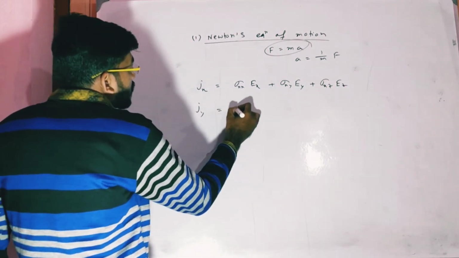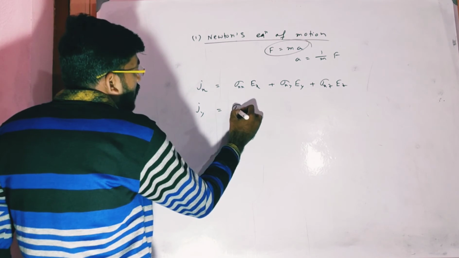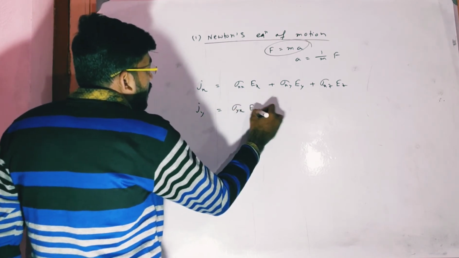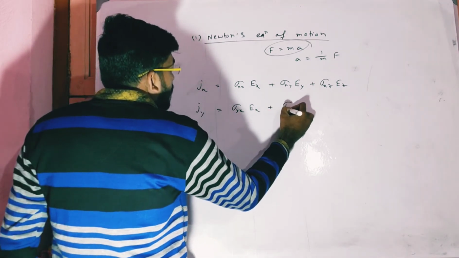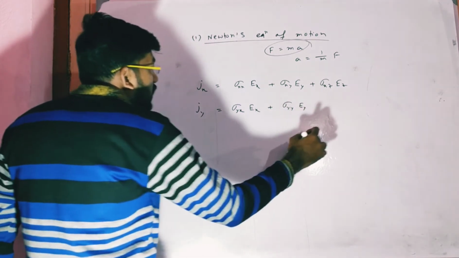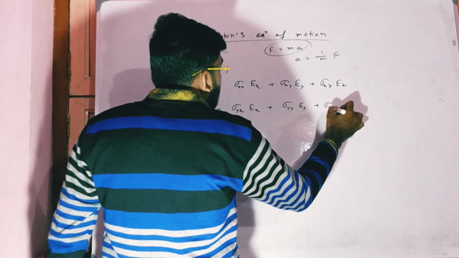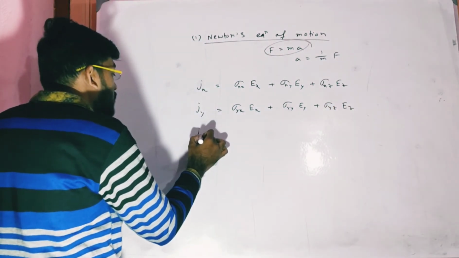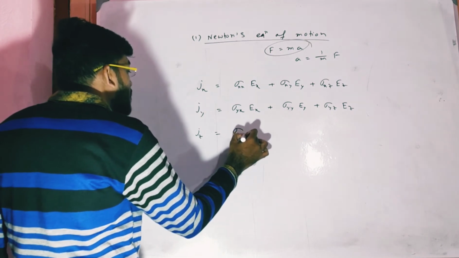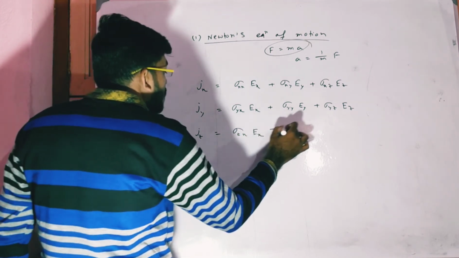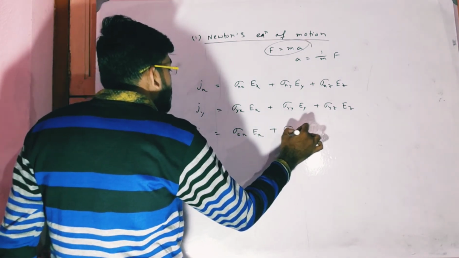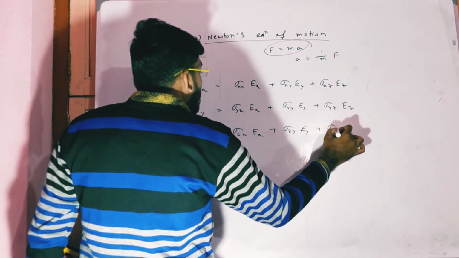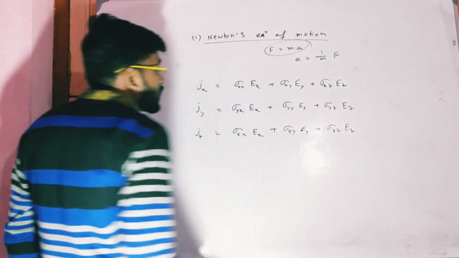Jy is equal to sigma yx Ex plus sigma yy Ey plus sigma yz Ez. Jz is equal to sigma zx Ex plus sigma zy Ey plus sigma zz Ez.